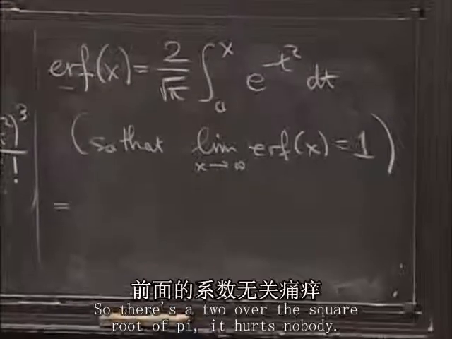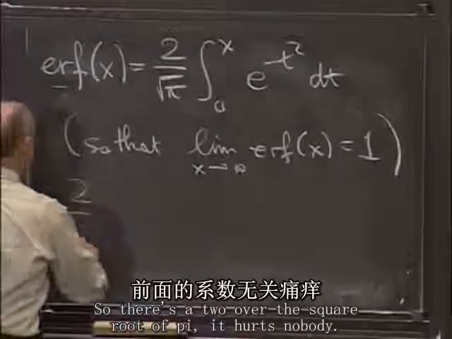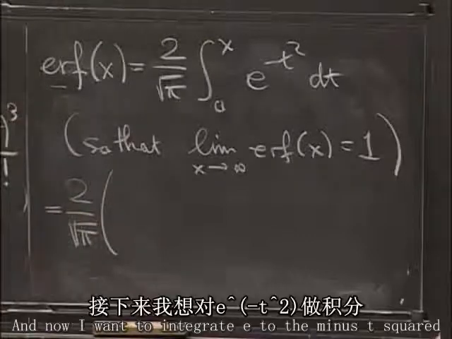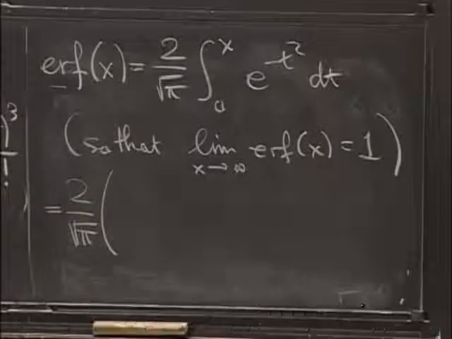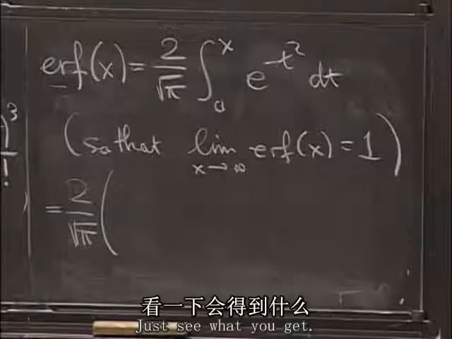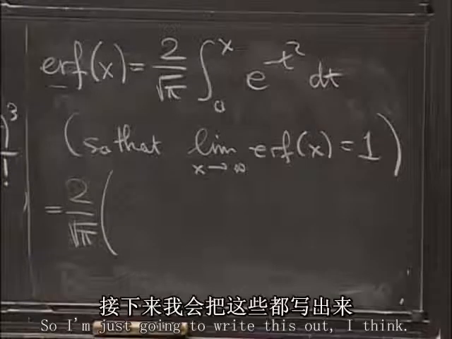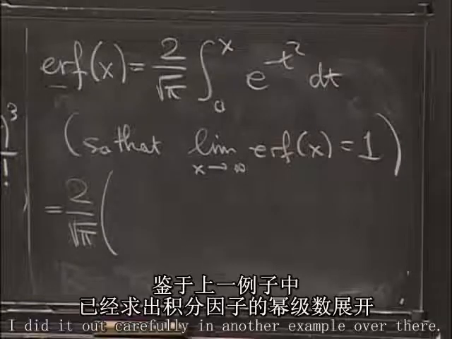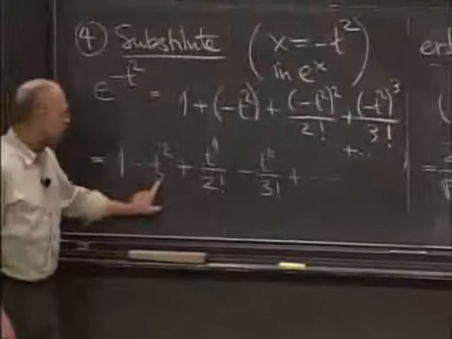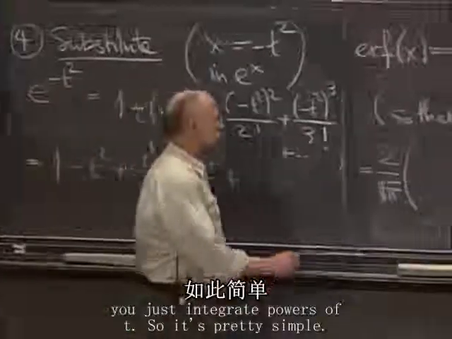So there's a 2 over the square root of pi that hurts nobody here in the front. And now I want to integrate e to the minus t squared, and I'm going to use this power series expansion for that to see what you get. So I'm just going to write this out. I did it out carefully in another example over there, so I'll do it a little quicker now. Integrate this term by term. You're just integrating powers of t, so it's pretty simple.